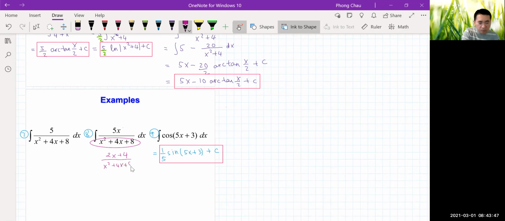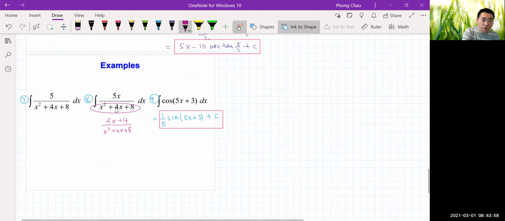Okay, and that will be very tricky, right? I'm not going to go over it here. So you have to modify it somehow to end up with 2x plus 4 there. Like if I have 2x times something, you subtract, so you can make that look like 5x, okay?